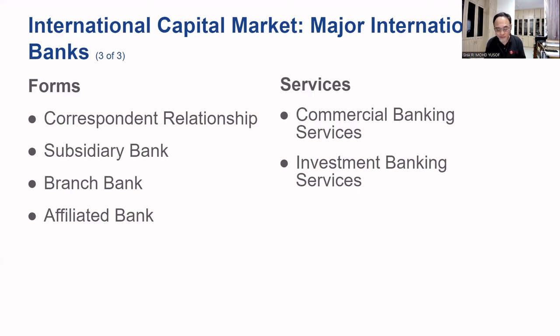They themselves must make money at the end of the day in order to sustain. Then the subsidiary bank, overseas banking, is separately incorporated from the parent. If it's not separately incorporated, it's called a branch bank. These are the different kinds of forms that exist.